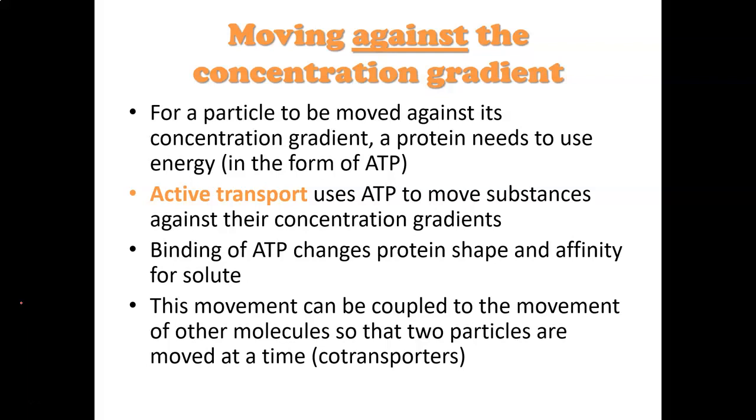And because you're using energy to move things against their gradients, this is known as active transport. Right, so passive transport, things are moving down their concentration gradient, don't require any energy. Active transport, things are moving against their concentration gradient and do require energy.